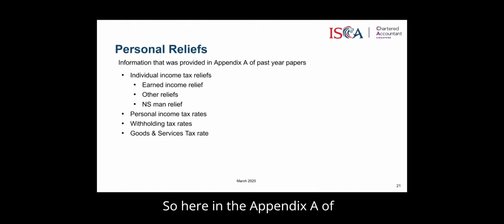So here in Appendix A of past year papers, there will be an insight into what will be provided in terms of the reliefs. For the individual income tax reliefs, you will be provided with earned income relief, other reliefs, enhancement relief, your personal income tax rates, withholding tax rates, and goods and services tax rate.